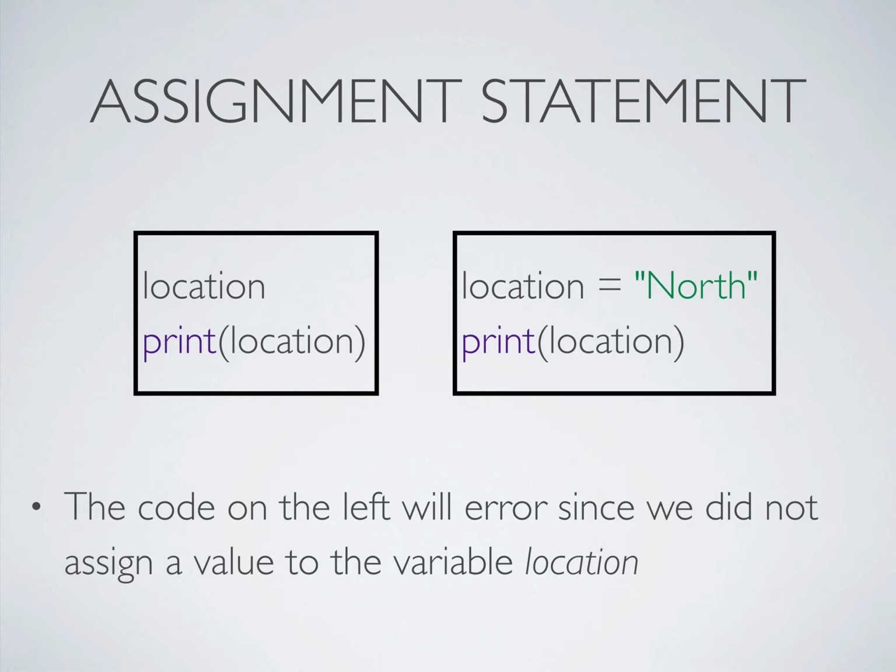Location equals north, that's an assignment statement. That is assigning the value north, which is of type string, into our variable named location, and then printing that variable. So the code on the right-hand side is good. Code on the left-hand side is no good in Python. You always have to give a value using an assignment statement to a variable right away.